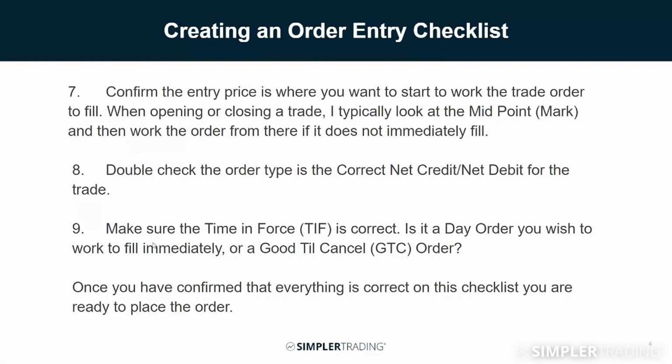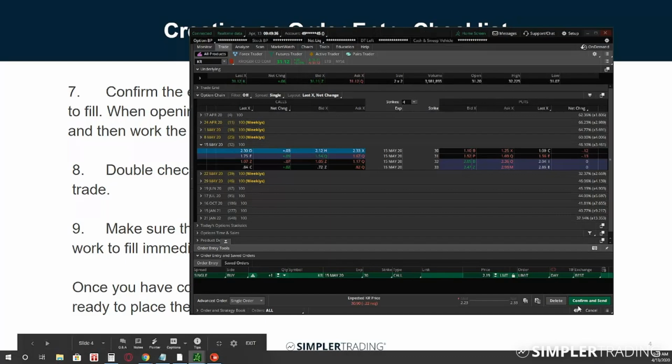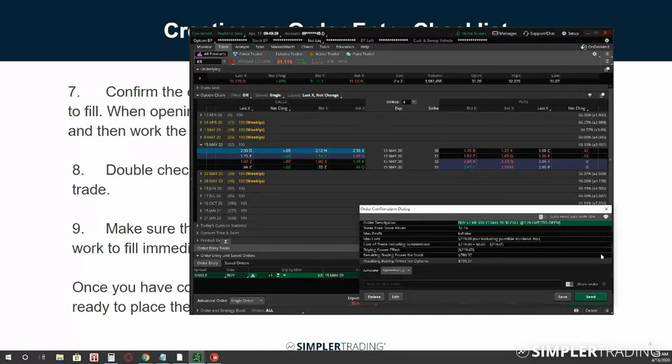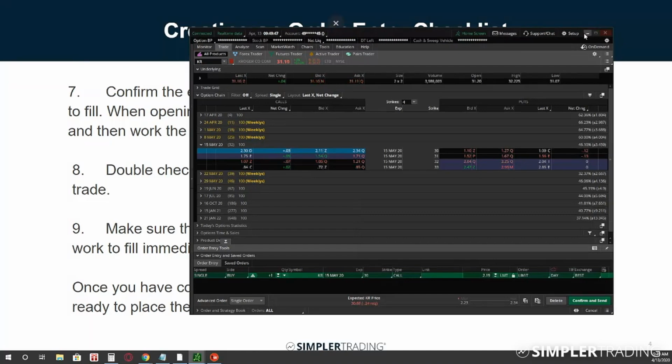So once you've confirmed that everything is correct on this checklist, you are ready to place the order. And like I said, oftentimes, both on Tastyworks and Thinkorswim, when you click confirm and send, it gives you this extra pop-up box just to confirm the details one more time, right? So that's, of course, the benefit.